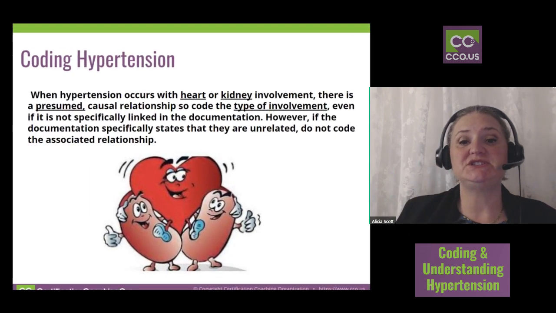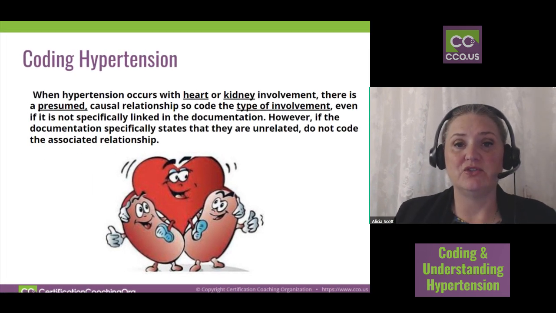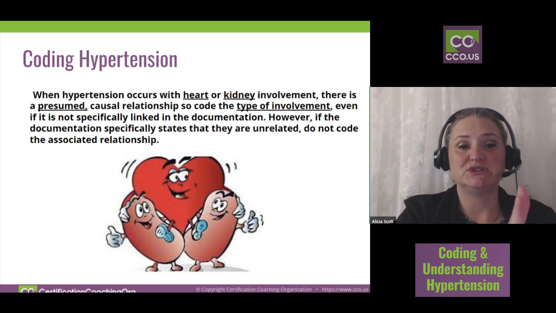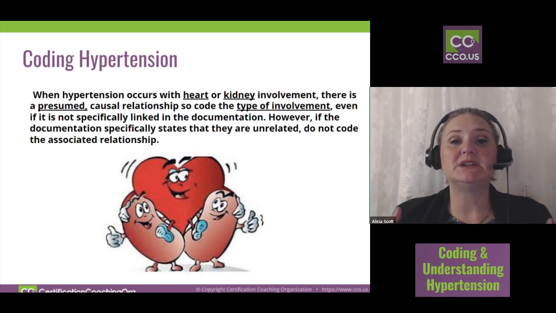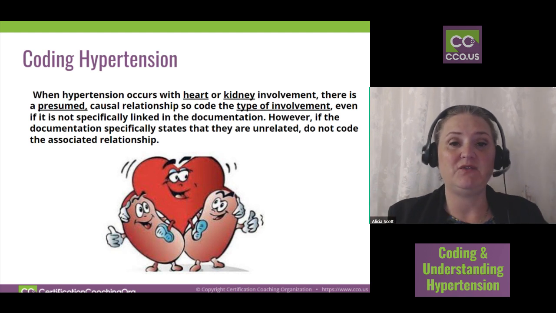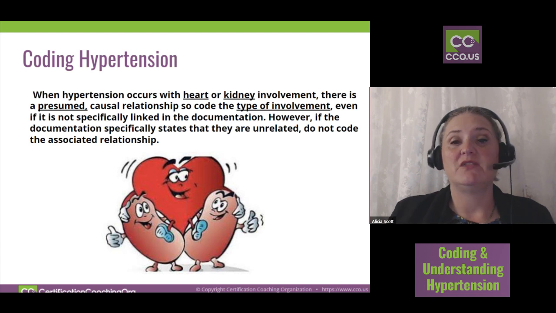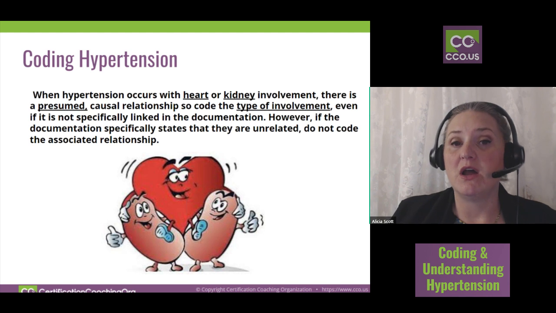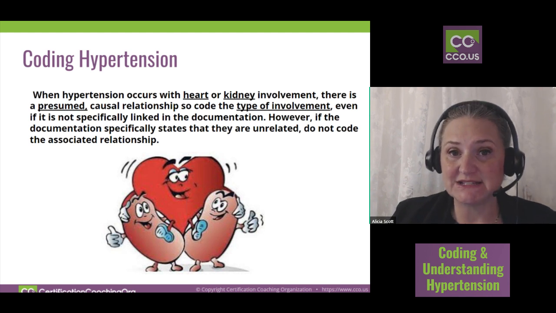You're going to write HTN, heart and kidney, and then I want you to put presumed causal relationship. Ultimately, what that means is if a person has hypertension, they're probably going to have something wrong with their heart eventually and or their kidneys.